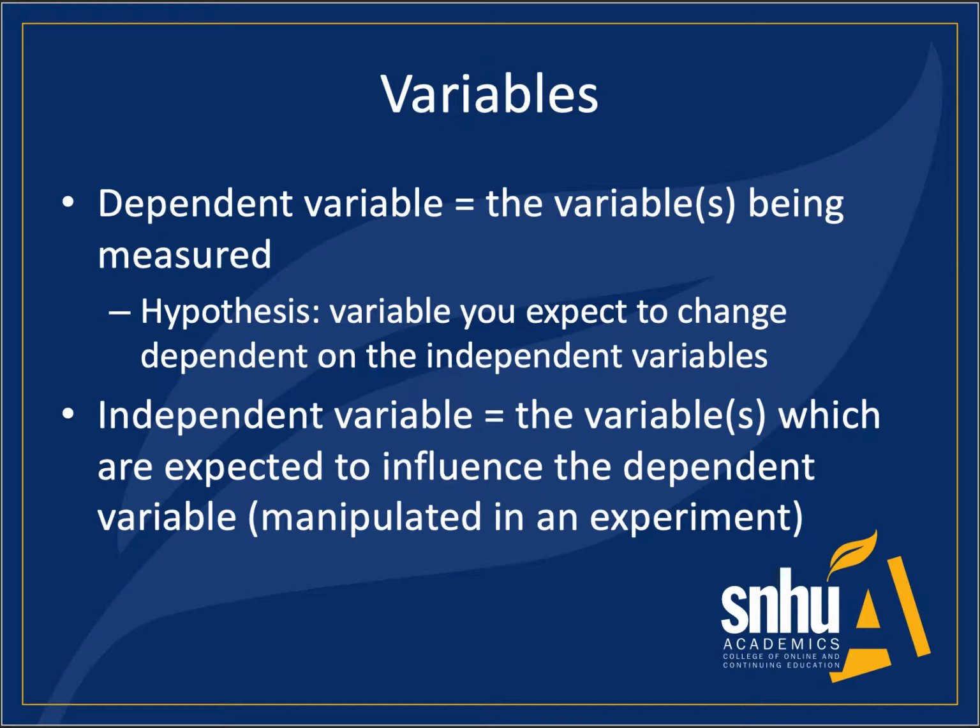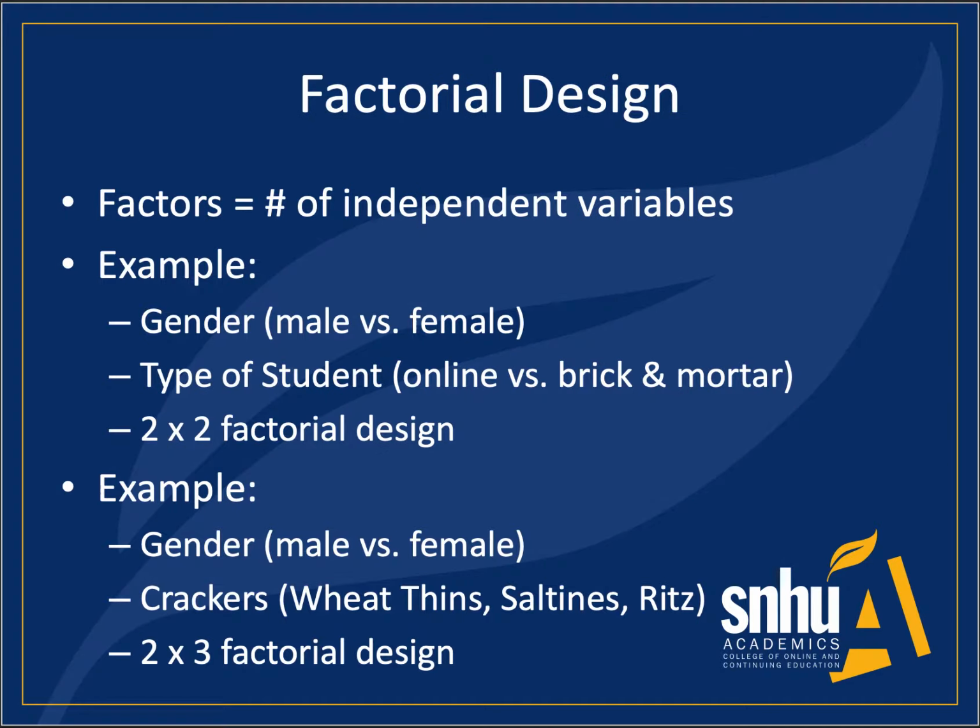If you include more than one, let's say it's not just whether or not they're doing online versus brick and mortar, but we're also taking a look at whether or not somebody has children or doesn't have children. Those are two different independent variables that may impact stress level. Then that already is a two factorial design, 2 by 2 actually.